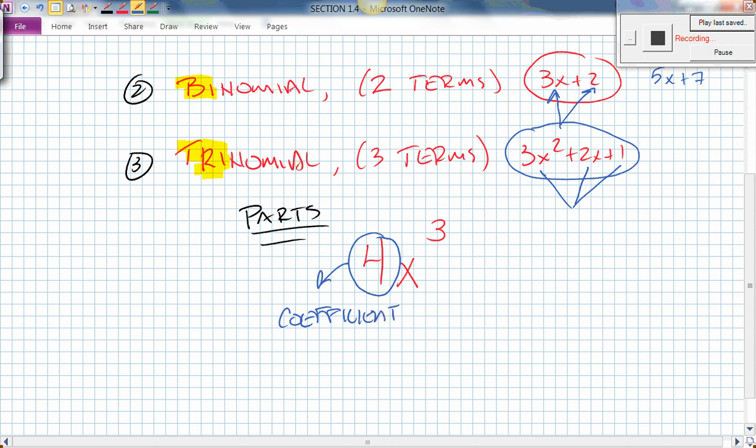Okay. What do we call this thing right here? Yeah, that's the variable, or the base. And what do we call this piece up top? The exponent, right? And we just learned the rules of exponents. Or it's also called the degree.